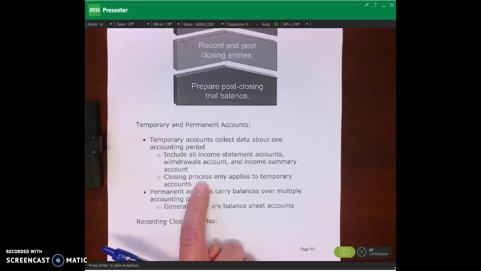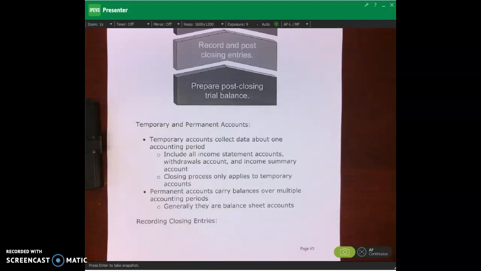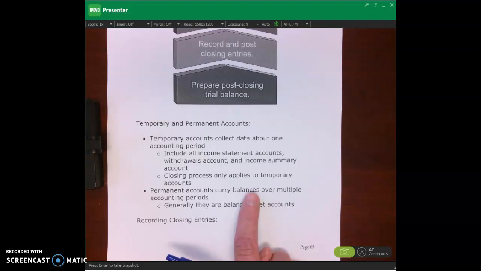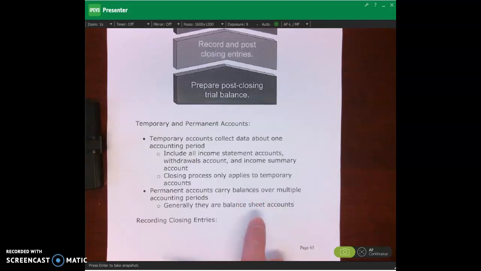So when we're talking about closing accounts, we're talking about closing out our revenue accounts, our expense accounts, and also our withdrawals. Permanent accounts, on the other hand, are generally balance sheet accounts, and those are not closed. They hold their account balances over multiple accounting periods, so over multiple years.